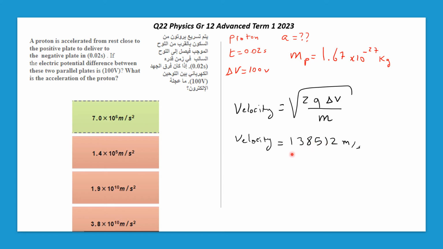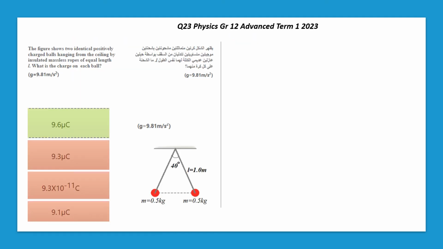That's the velocity you will get. But we haven't finished yet. There is another equation that relates velocity and acceleration: a is equal to the velocity divided by the time. So we divide that value by 0.02 and the answer is 7 by 10 to the power of 6 meter per second squared.